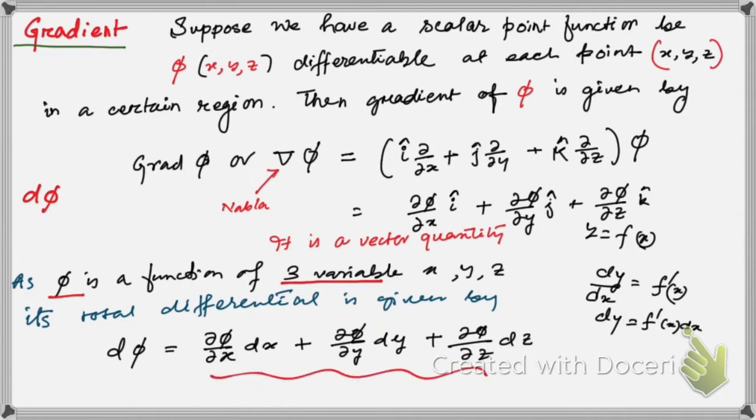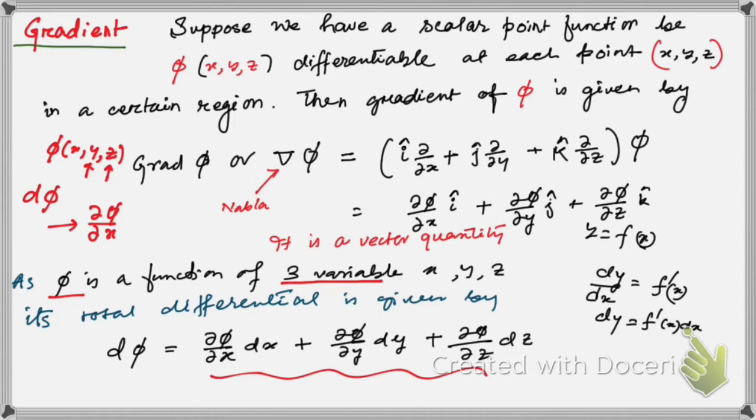Okay, so now you can see that here, what do you mean by partial derivative del phi by del x? When you take this function phi, which is a function of x, y, z, if you differentiate with respect to x, you will assume that y and z are constant when you take the partial derivative, right?